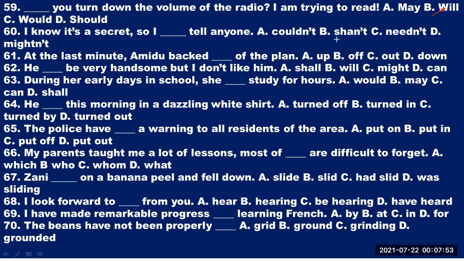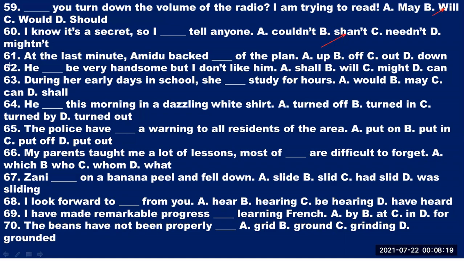B, shan't is applicable because this refers to a future action. I shan't tell anyone. So that is appropriate. I needn't is not correct. I mightn't is not correct.